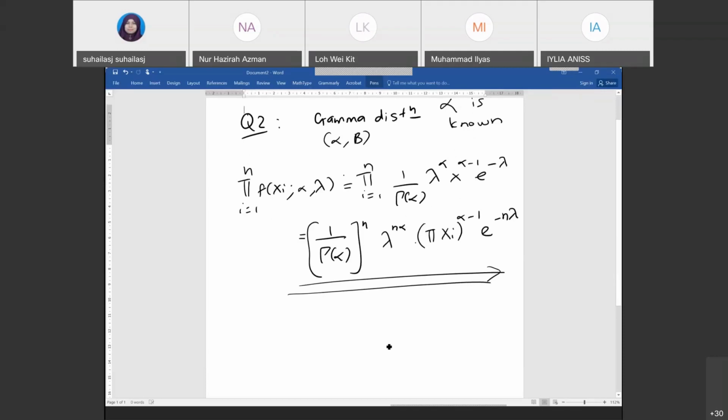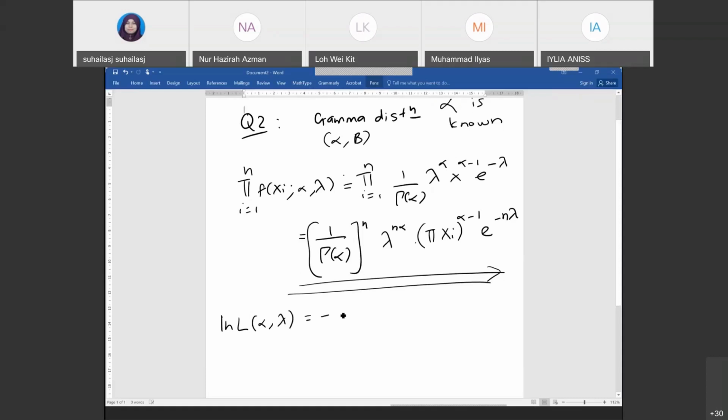Okay, next. Kita dapatkan kita punya ln. Kita ambil ln, katakan ln L. Okay, so this one, n ln 1. So n ln 1 tu 0. Saya tertulislah. So n ln 1 tolak dengan n ln gamma alpha ni.